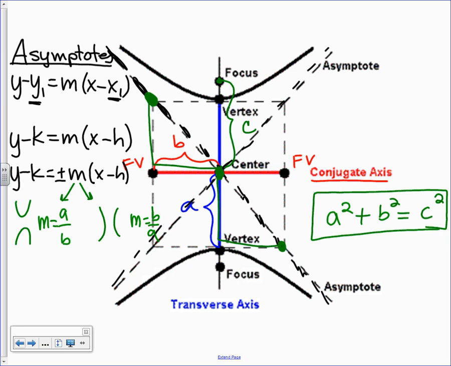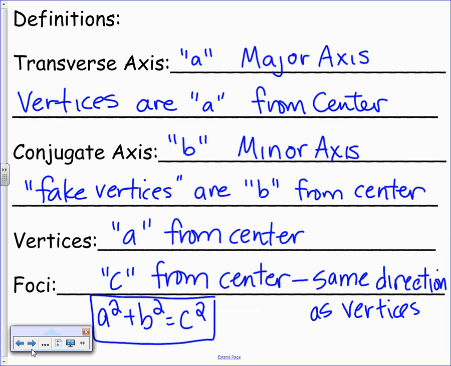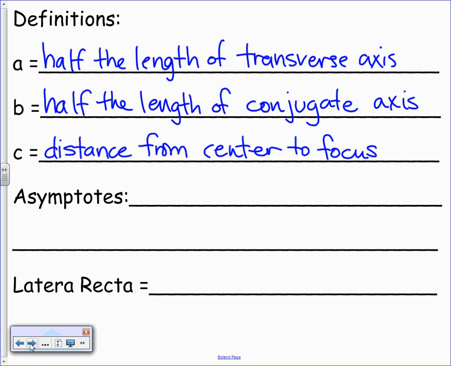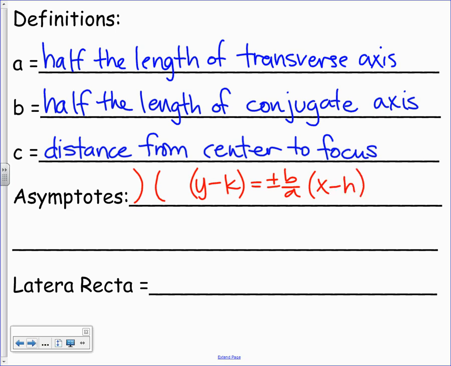All right. So let's go back to our definition for asymptotes. I'm going to jump 2 slides up. Our asymptotes are going to be, if the graph opens side to side, y minus k equals plus or minus b divided by a times x minus h. We'll go through why that is when we get to that point.